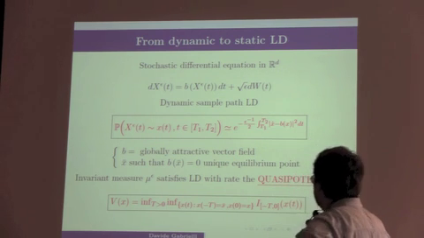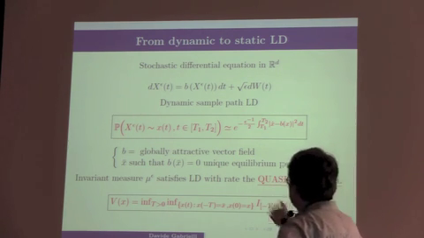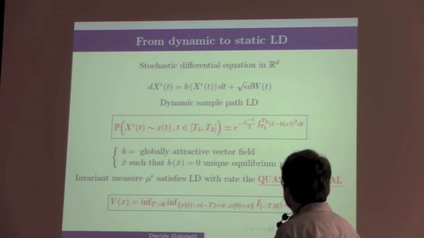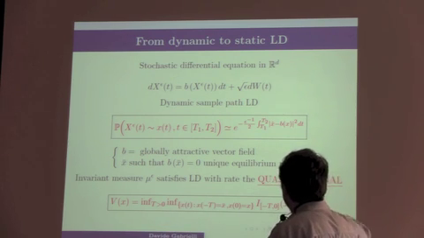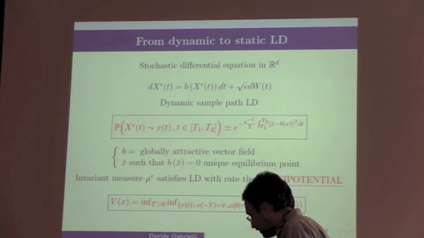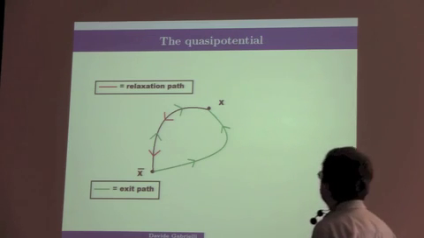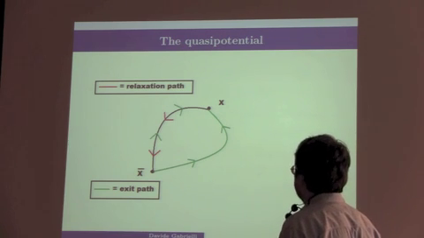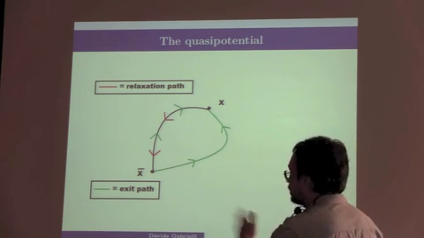So you have to minimize over all the trajectories on the time window t, all the trajectories that at time minus t are at the equilibrium point, and at time 0 are at the fixed point x. So this is the geometric situation. Remember that x bar is the unique equilibrium point of the equation without the noise.